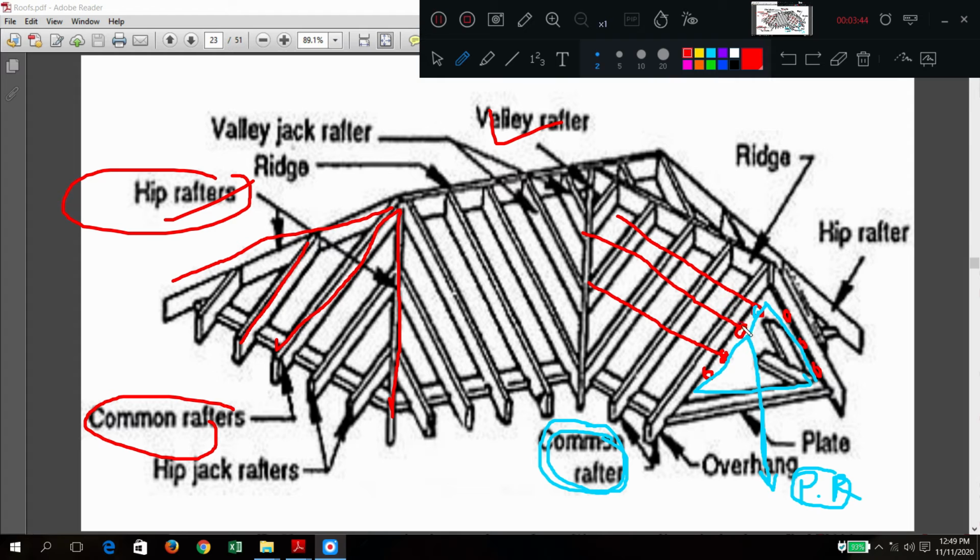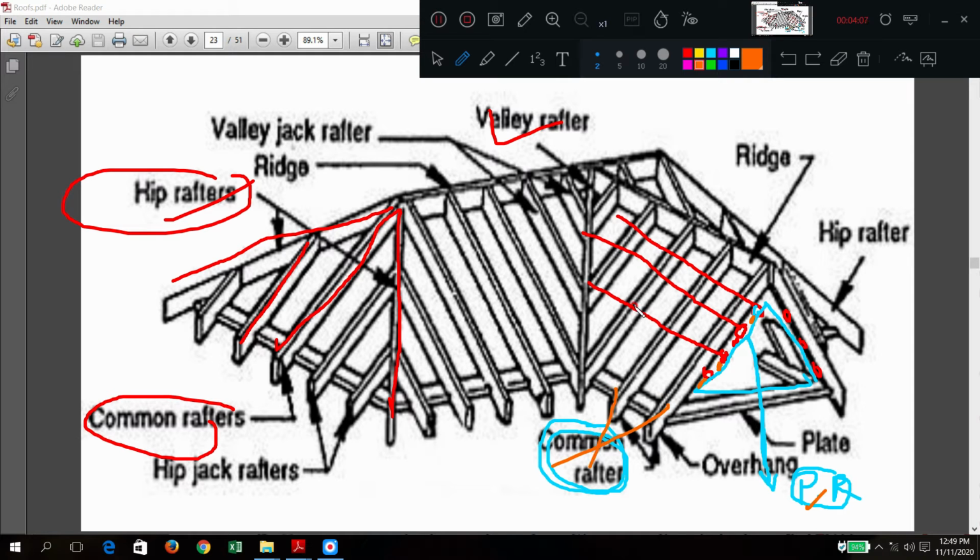Very important: to fix the purlins you have cleats like this. I will take another color. So you have cleat members. The innermost rafter is the principal rafter, above that the purlins along with cleats, and above this the common rafter.